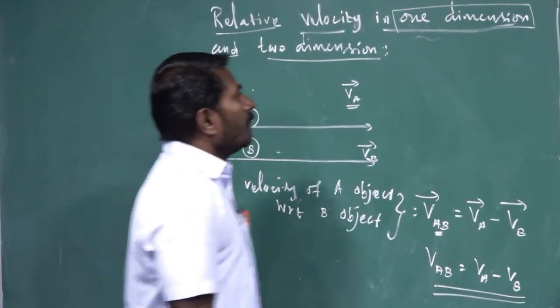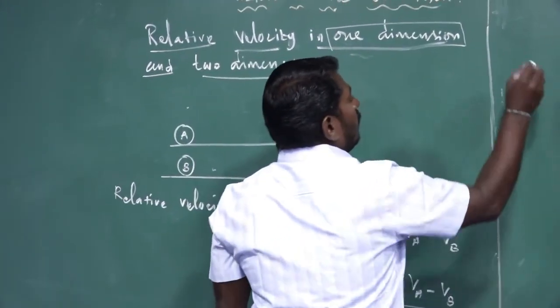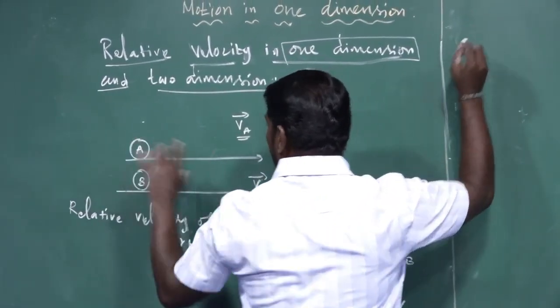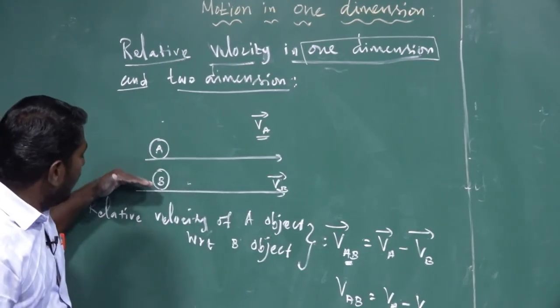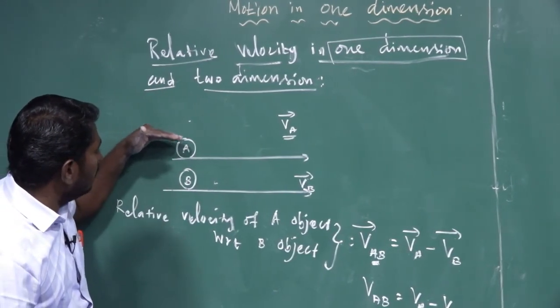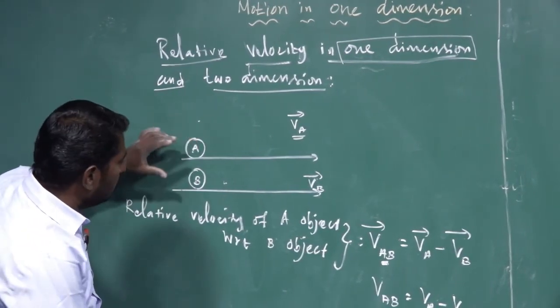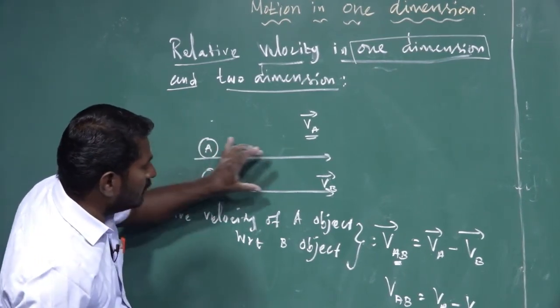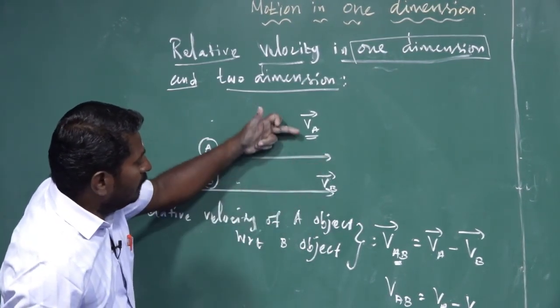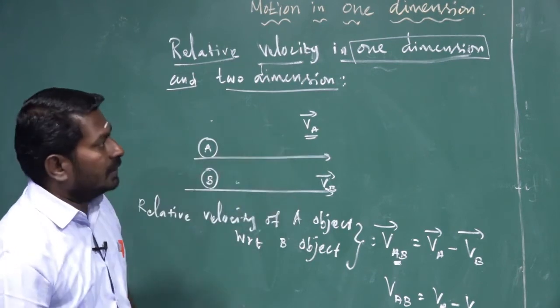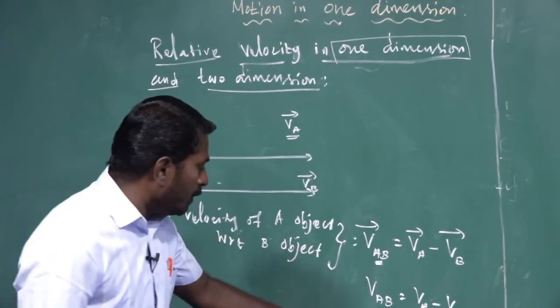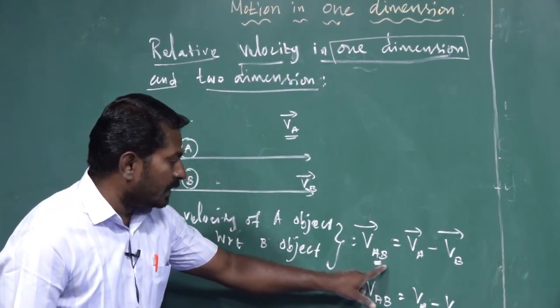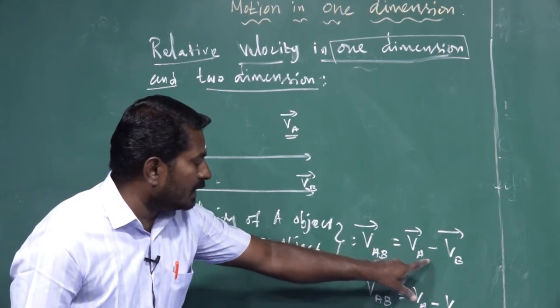Next, the same thing, the relative velocity of object B with respect to object A. Once more, both objects are traveling along a straight track with different uniform velocities. We found the relative velocity of object A with respect to object B is equal to VA vector minus VB vector.